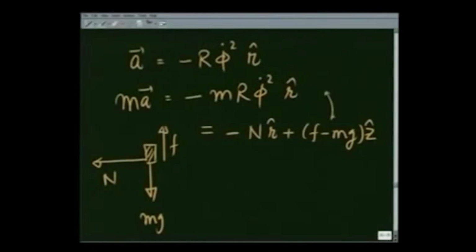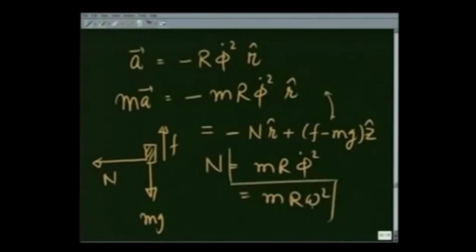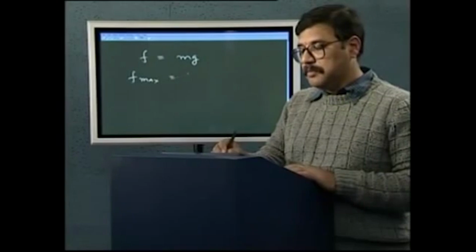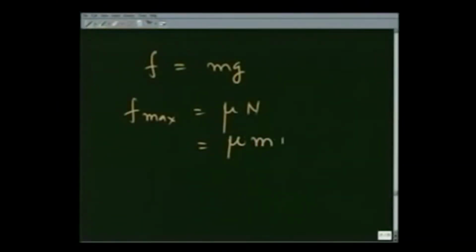Equating the two sides, we get N is equal to m R phi dot square, which is nothing but m R omega square, and the other equation gives me F equals mg. Remember, F max is mu N, so that is going to be mu m R omega square.